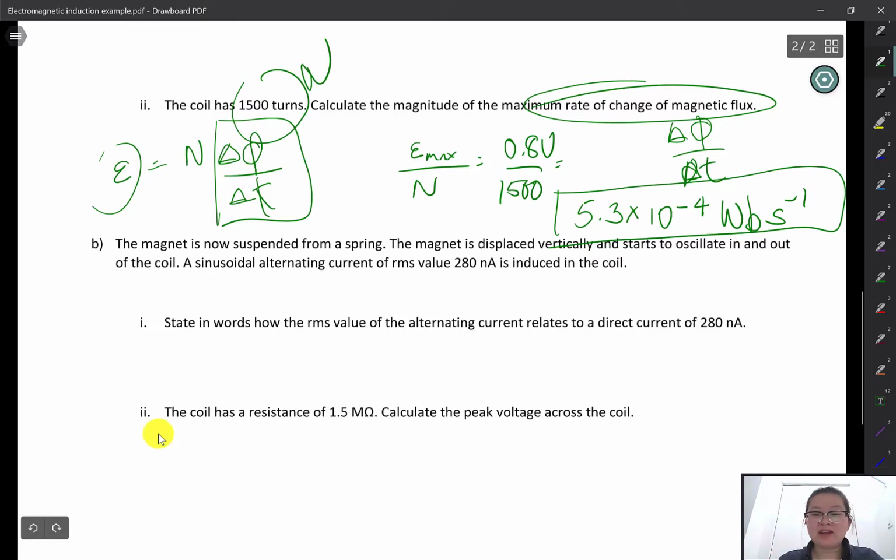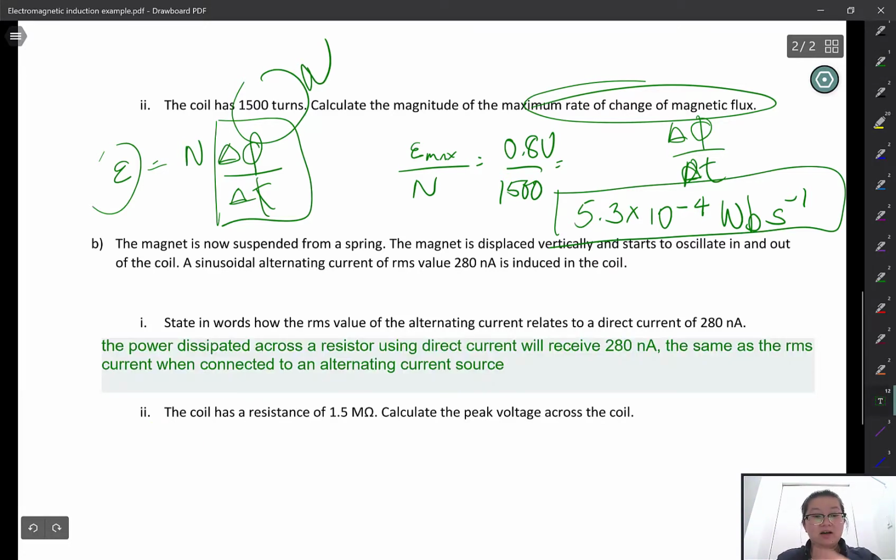So how to put that in words? Okay, so the power dissipated across the resistor using direct current will receive 280 nanoamps. So connected to the direct current, it will have 280 nanoamps, and it's going to be the same effective current that the resistor will receive when connected to an alternating source when you're trying to calculate the power dissipated.